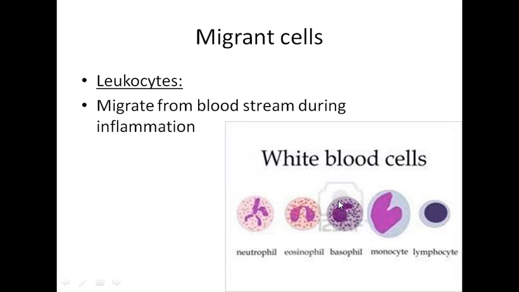Okay. Then we come to leukocytes. Leukocytes migrate from the bloodstream during inflammation, so they have a role in inflammation. Leukocytes are a different range of cells, including neutrophils, eosinophils, basophils, monocytes, and lymphocytes, right?